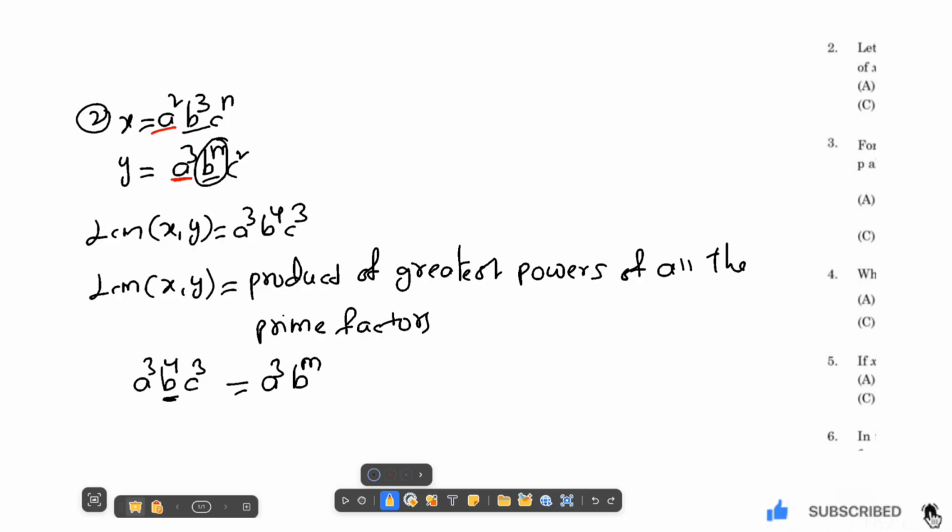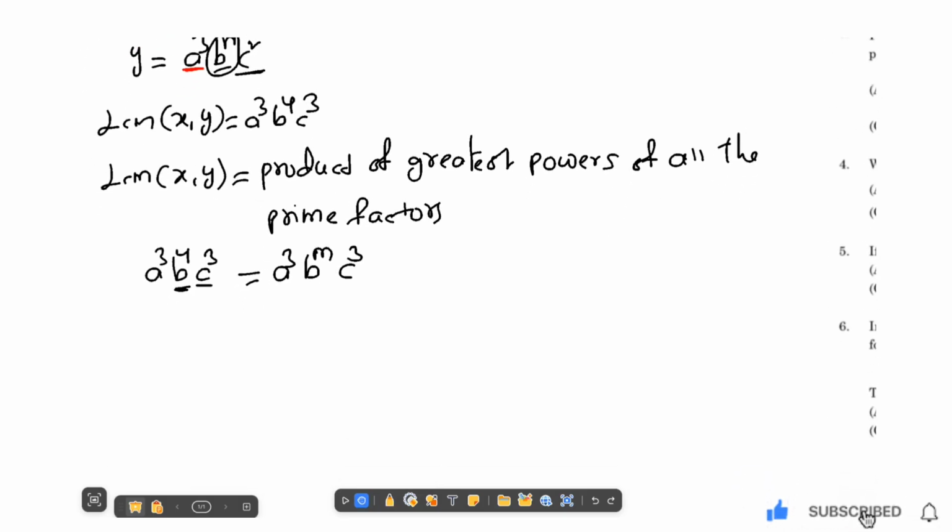Next, here we have c cube and here we have c square, so definitely this will be c cube. If you compare the LHS and RHS, 3 and 3 are both the same. In place of 4 we have m. In place of 3 we have n, right? So this one is n.